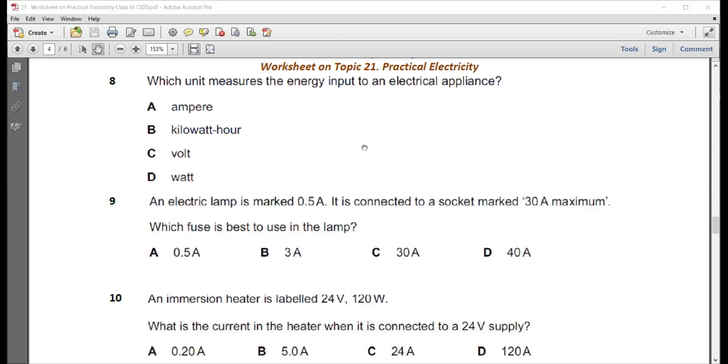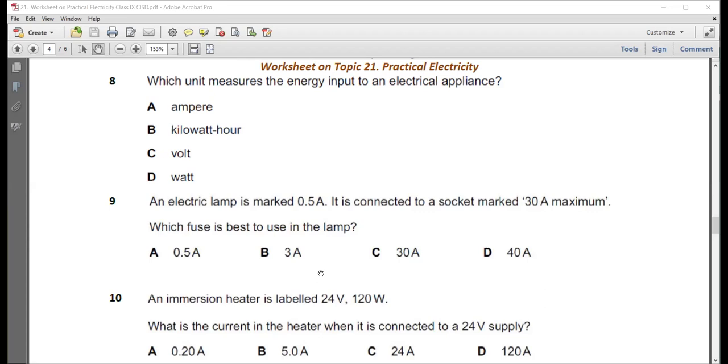Look, our lamp is marked 0.5 ampere, and the options are 0.5, 3 ampere, 30 ampere, 40 ampere. Normally, we give a fuse greater than the appliance's marked rating. The appliance is marked 0.5 ampere, so we have to give a value slightly greater than the value written on the appliance.